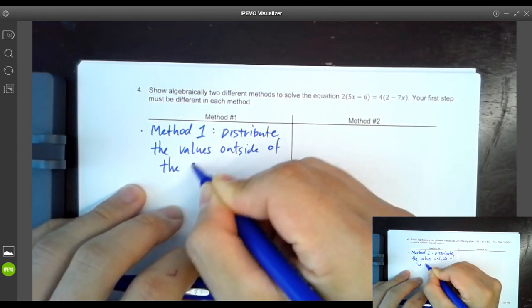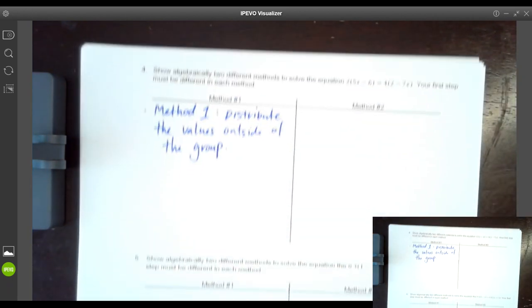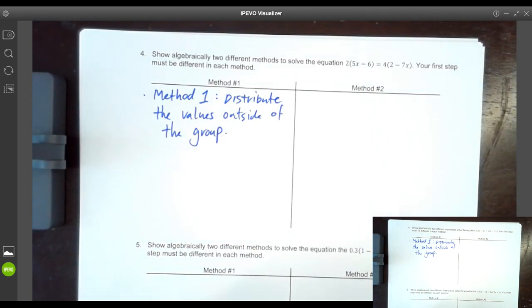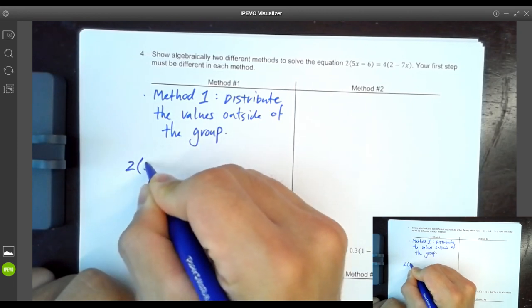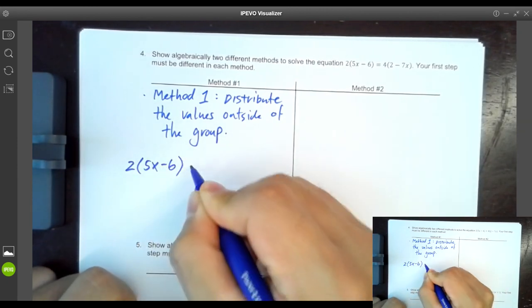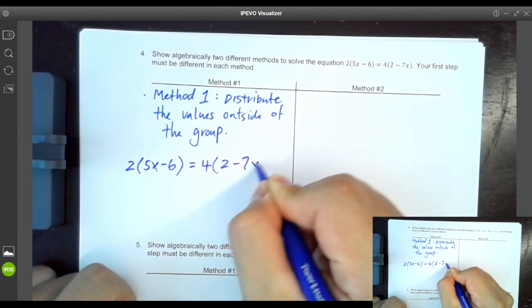Okay, this is kind of like our bread and butter. If you feel like you don't know what your first step is, maybe distributing should always be your first step, right? So I'm going to get 2 times 5x minus 6 equals 4 times 2 minus 7x.